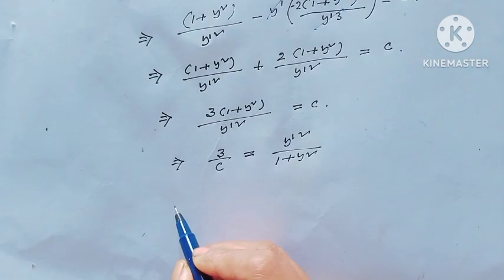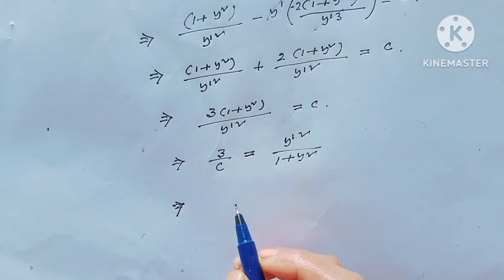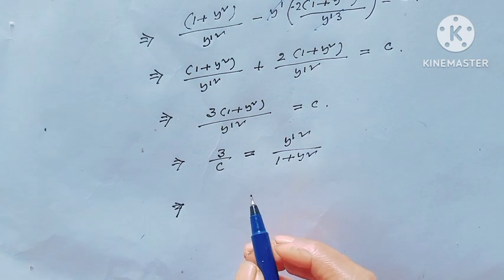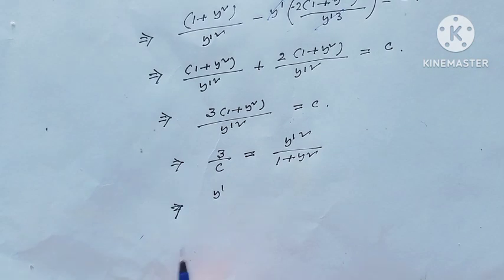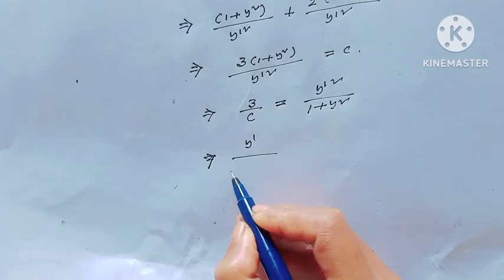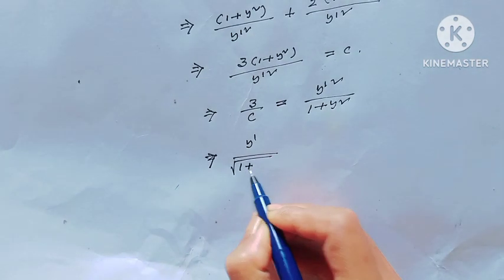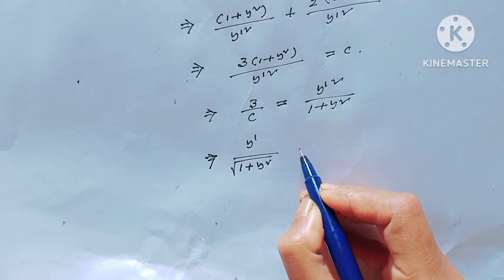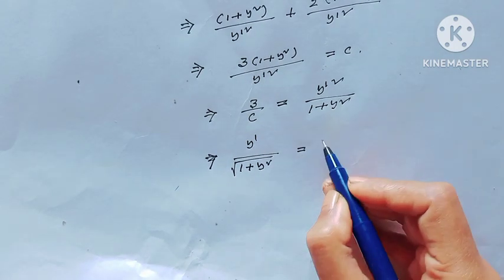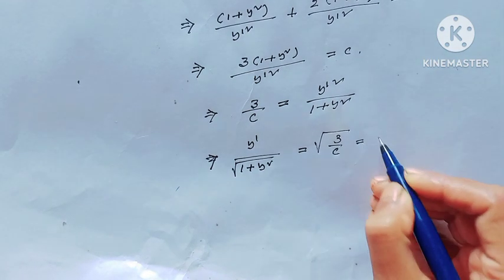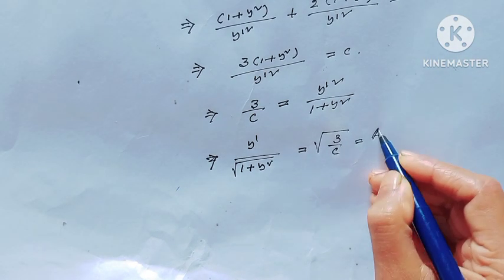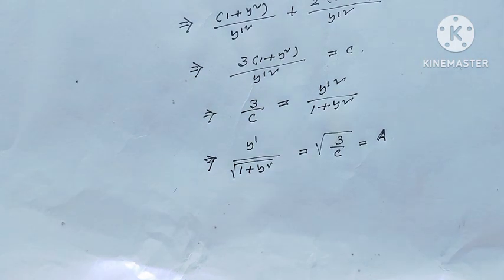And that implies y prime over square root of 1 plus y square equal to square root of 3 over c, and consider square root of 3 over c equal to constant a.